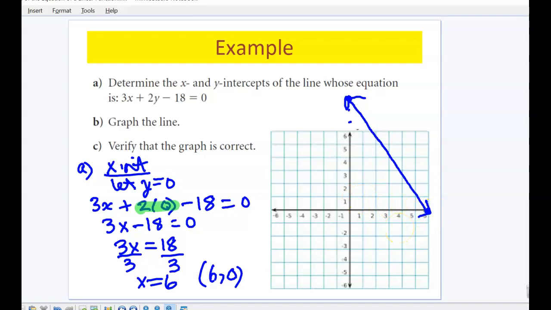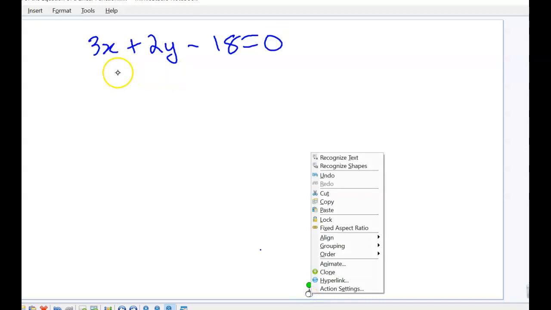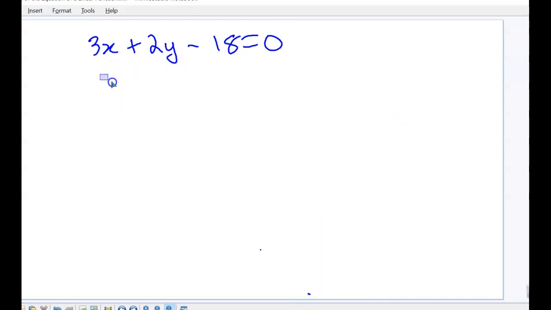So let's take this equation right here, and let's convert it to slope-intercept form. So again, 3x plus 2y minus 18 is equal to 0. The first thing I'm going to do is add the 18 to the other side. So I'm going to get 3x plus 2y is equal to 18.